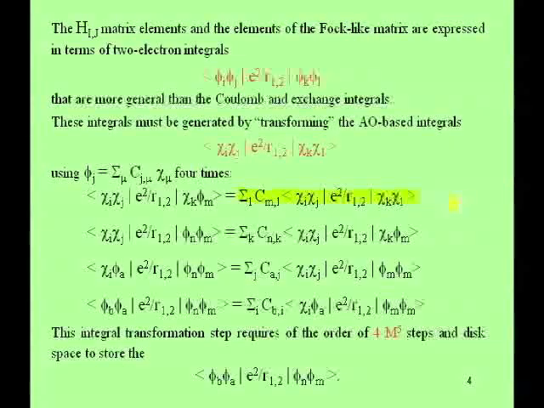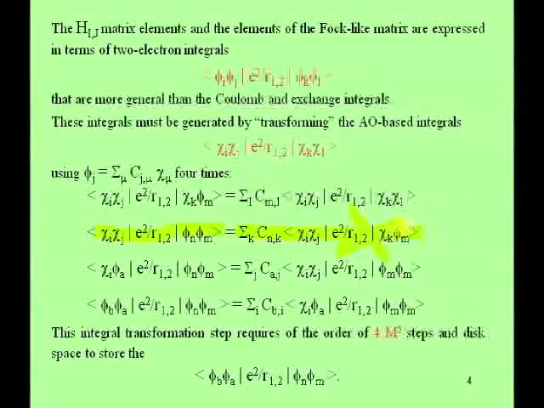Then that partially transformed list, if you want to get real picky here, you could erase now from your disk these original integrals. They're gone. You now have the partially transformed list. Now we take this list, multiply it by another c, and sum over this index k to get another array. We can erase the previous list.